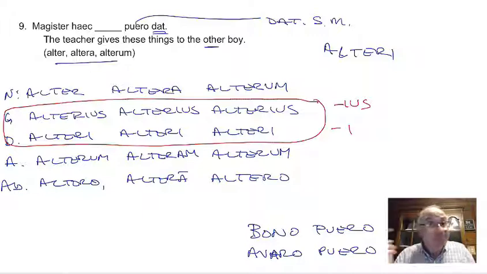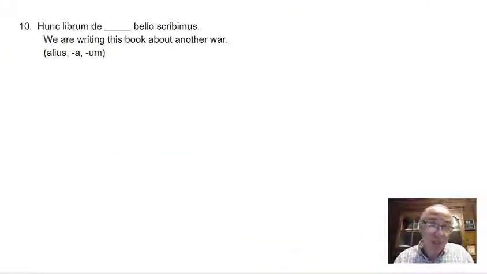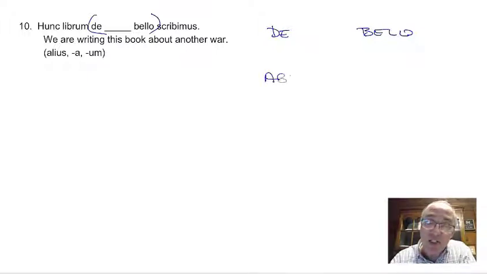So let's keep going. Number 10, we are writing this book about another war. So we need to talk about another war. De bello, okay? What is bello? Bello is ablative, singular, neuter.